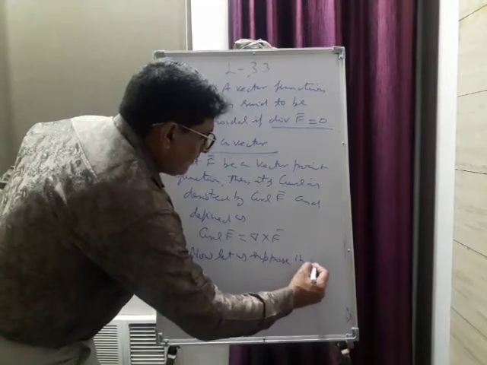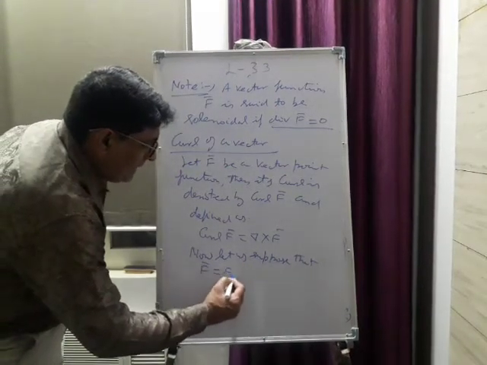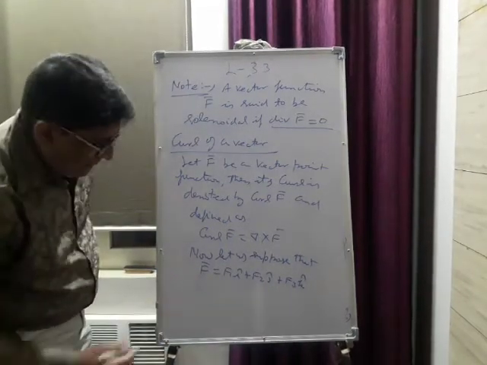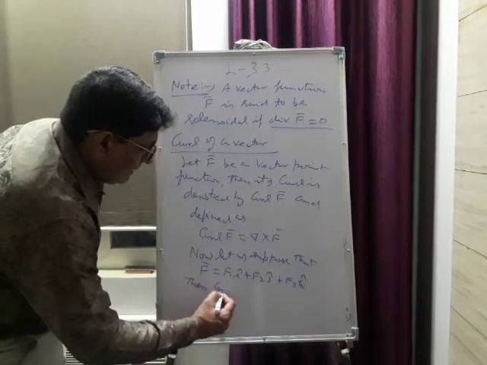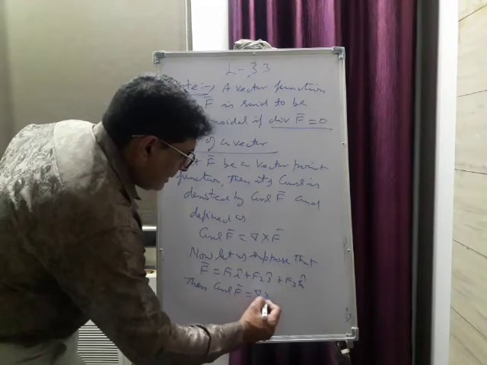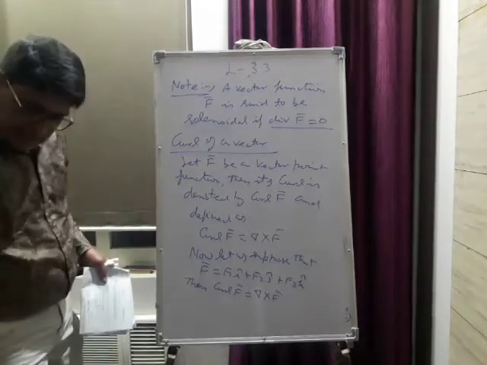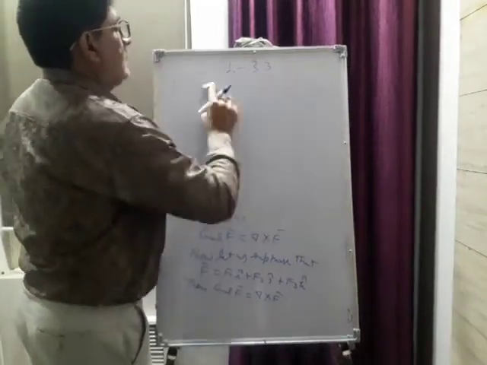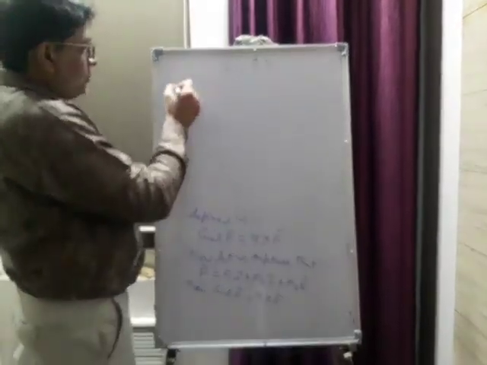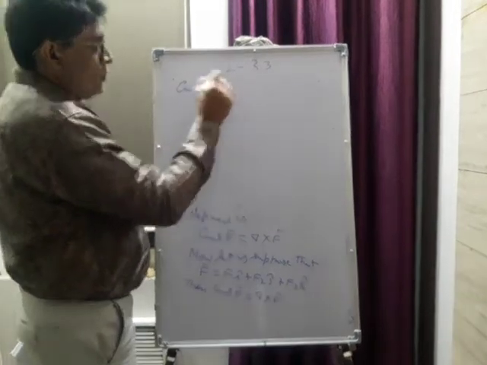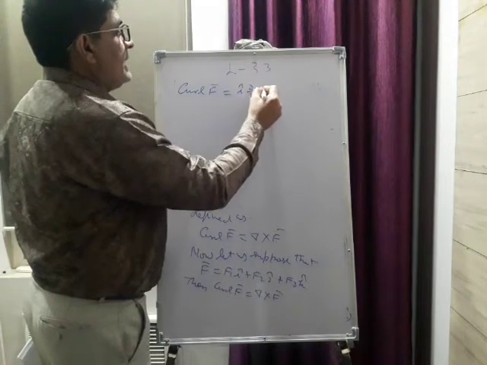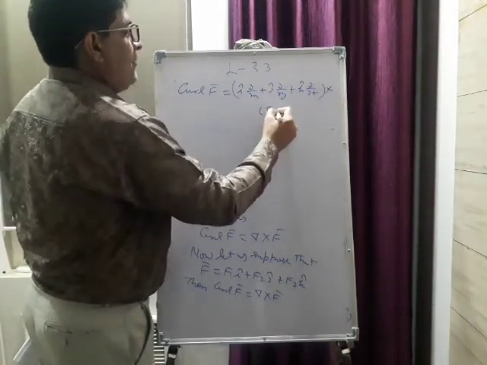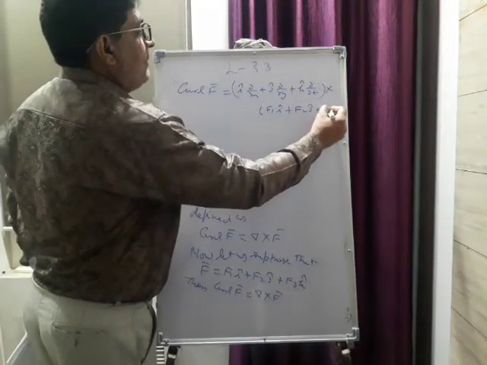Now let us suppose that F equal to F1 i cap plus F2 j cap plus F3 k cap, then curl F becomes del cross F, which is equal to i del over del x plus j del over del y plus k del over del z cross F1 i cap, F2 j cap, F3 k cap.